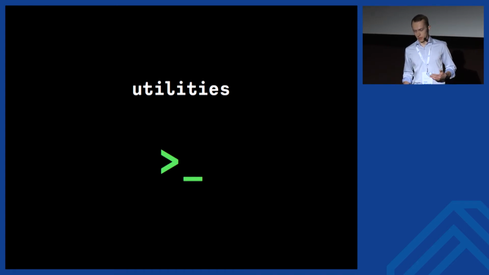So in Unix-like systems, it means that you're working with a terminal, with a command line interface. By utilities, I mean programs with a command line interface, as opposed to, for instance, web applications, desktop applications, mobile applications.